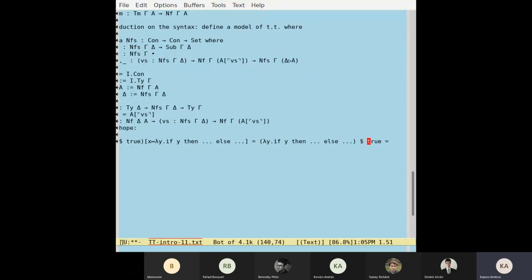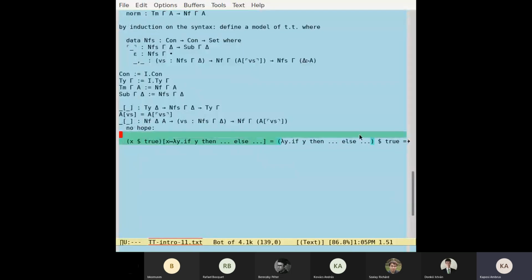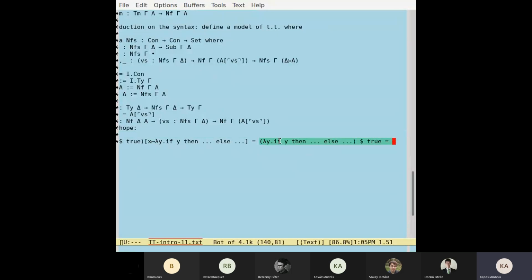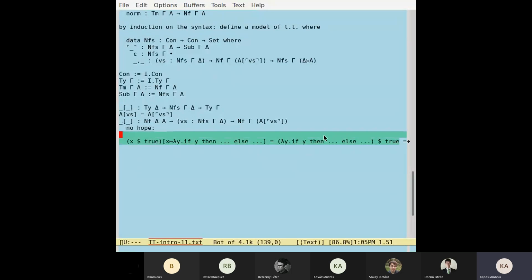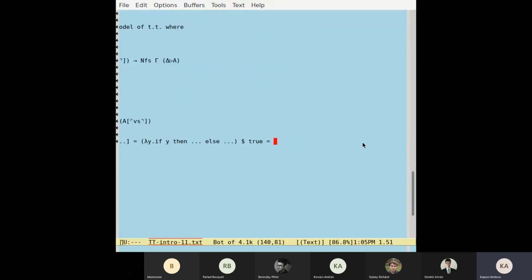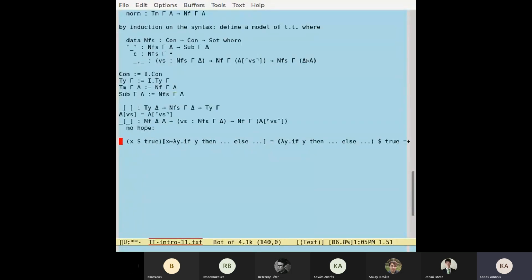And this will trigger a lot more normalization, because I obtained a new redex. I obtained something which is not a normal form, because only neutral applications are normal forms, and this is not a neutral application because a lambda is applied to some normal form. And I need to go through lots more equalities to obtain a normal form.